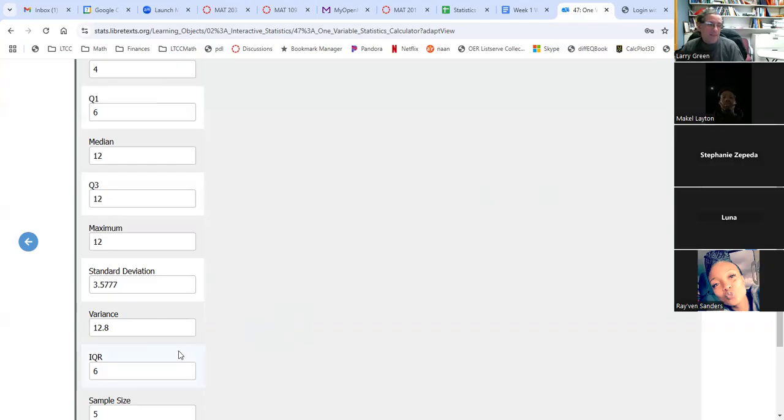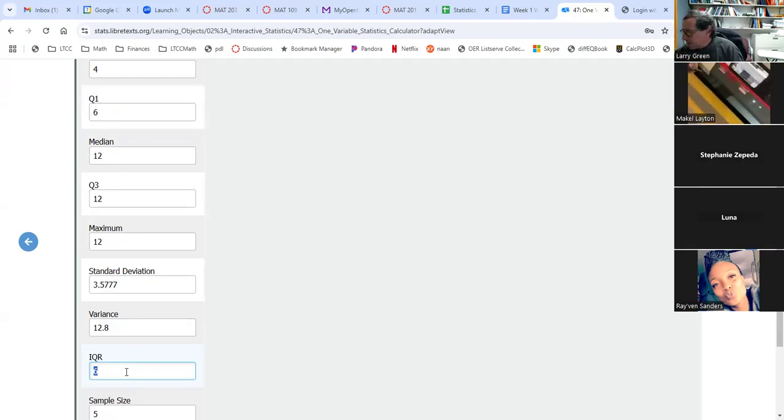IQR stands for interquartile range. What that is, if you take Q3, which was 12, and subtract Q1, which is 6, it's 12 minus 6, and that's what that 6 is. And that is the range from Q1 to Q3.